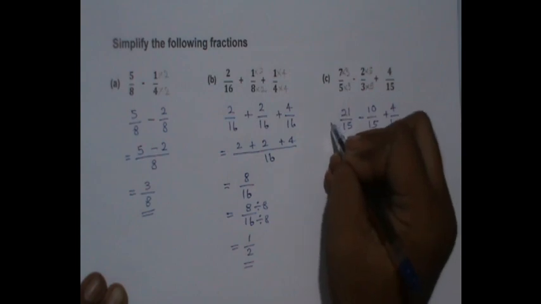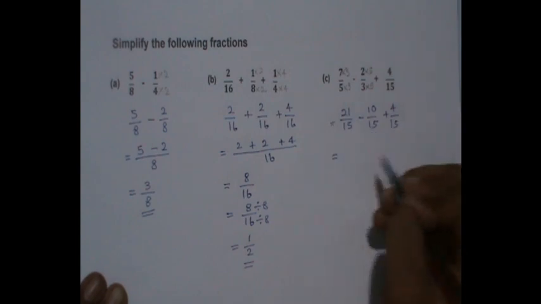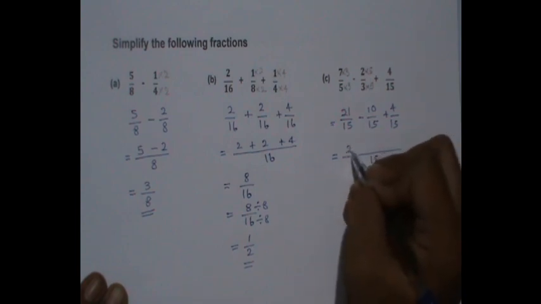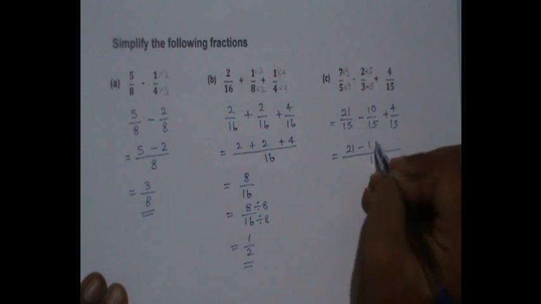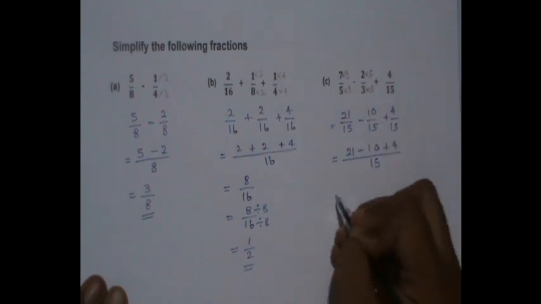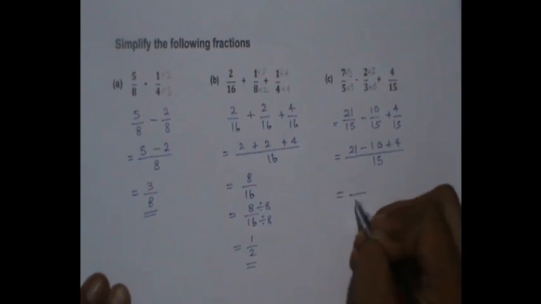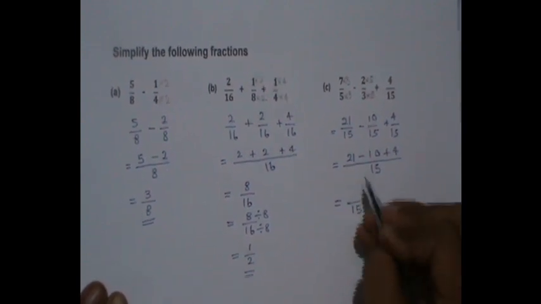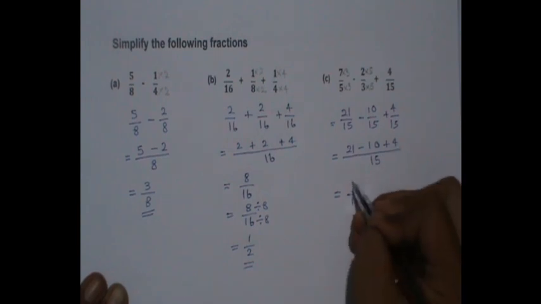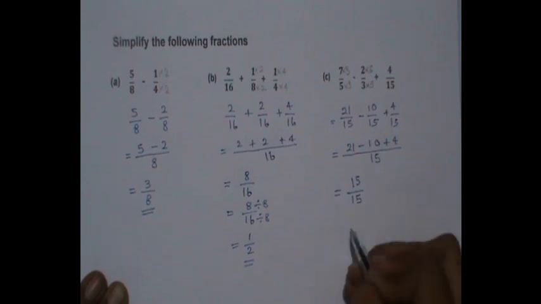So you will have a common denominator now, so you can add numerators. Now what is the answer? Denominator is 15. 21 minus 10 is 11. 11 plus 4, 15. We have 15/15. That is 1.